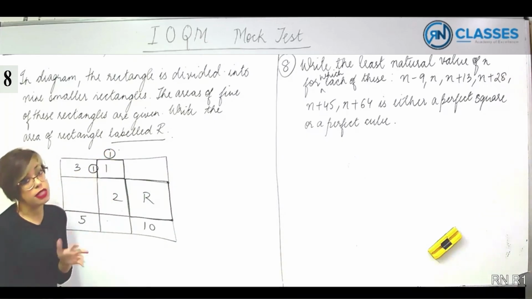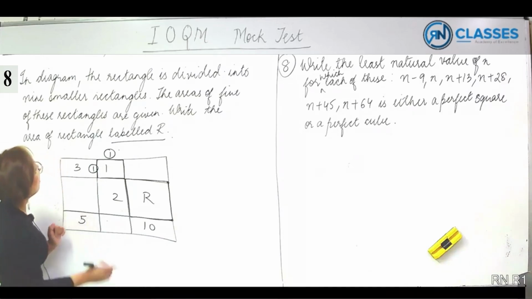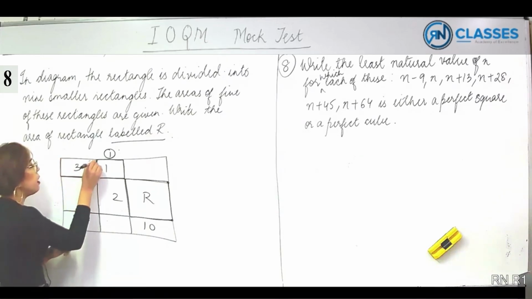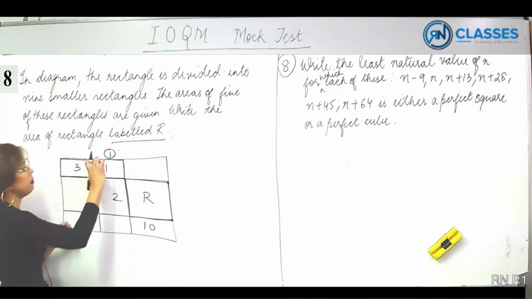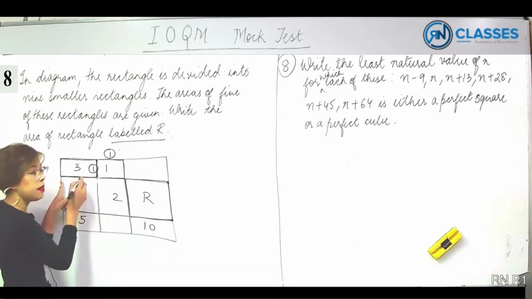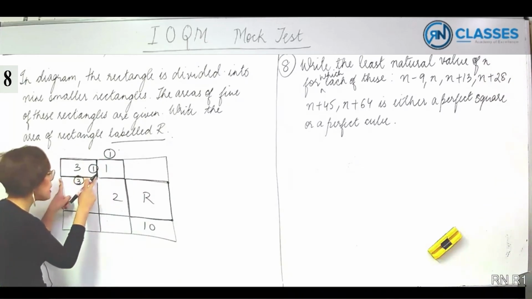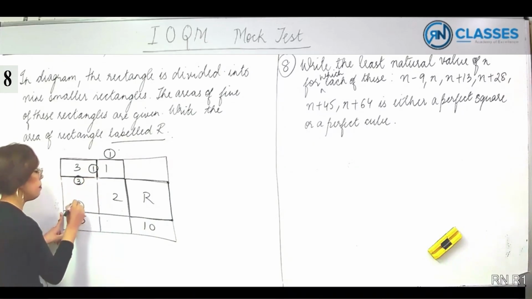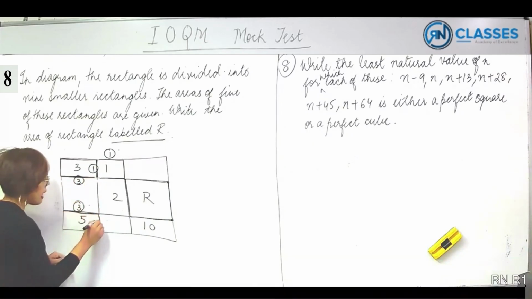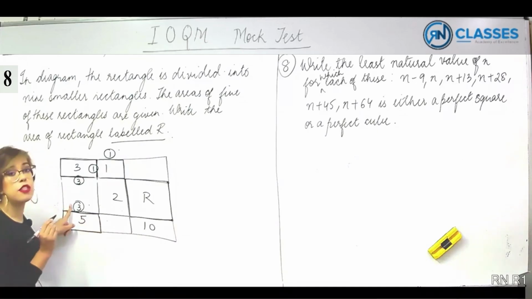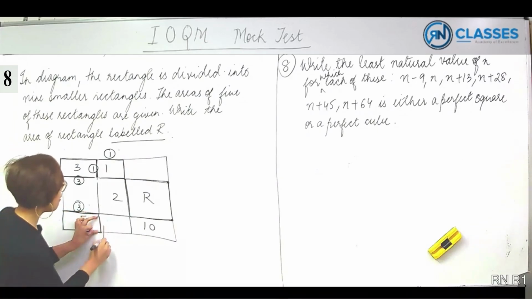Right? I can do that because I just need to get the answer. Now, let me come to this rectangle. Now, I know since this length is 1, this length has to be 3. Right? Now, this length is 3, that means this length has to be 3. Now, the area of this rectangle is 5. If one of the lengths is 3, that means this length has to be 5 by 3.